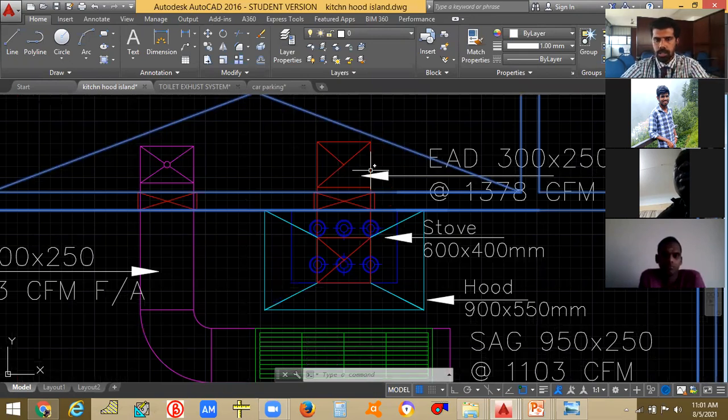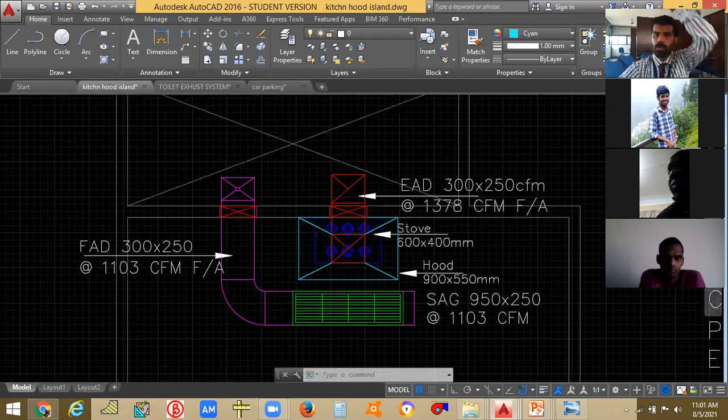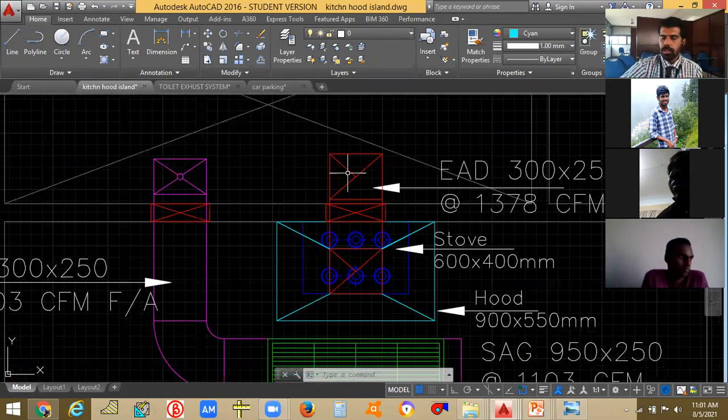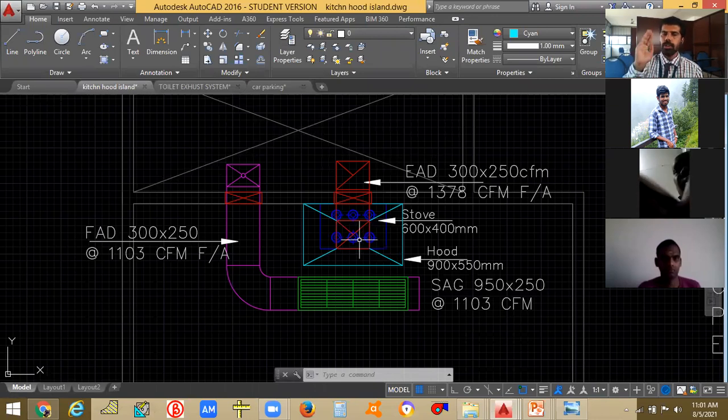So this shows the breaking of the wall, shown like an X. It goes inside, and through the chimney, it goes upwards. So this is the stove, kitchen hood, and duct coming upwards. Through the chimney, it goes to a place where we need to exhaust it.